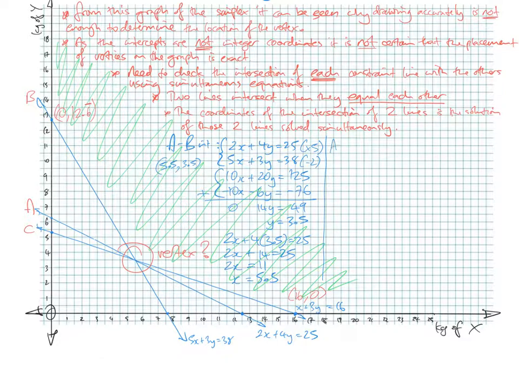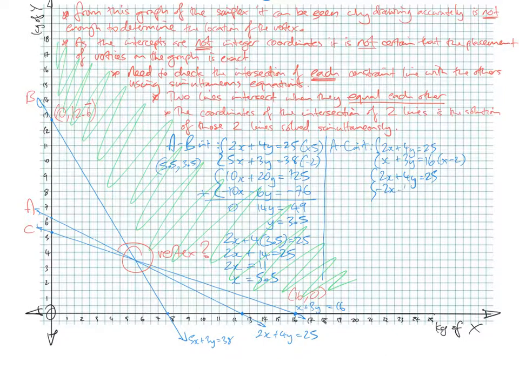So I'm going to check where A and C intersect. So the equations for them, A is 2x plus 4y equals 25. C is x plus 3y equals 16. I'm going to multiply the bottom equation by negative 2. That leaves me with 2x plus 4y equals 25.